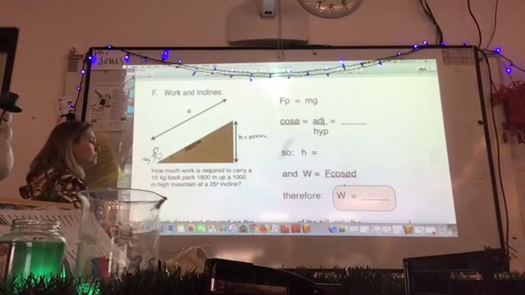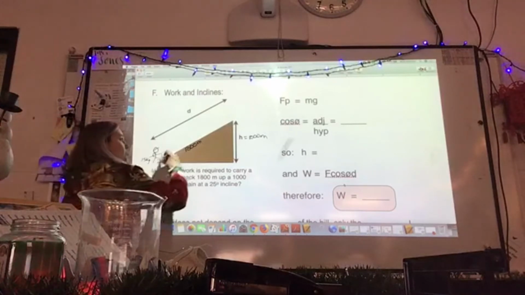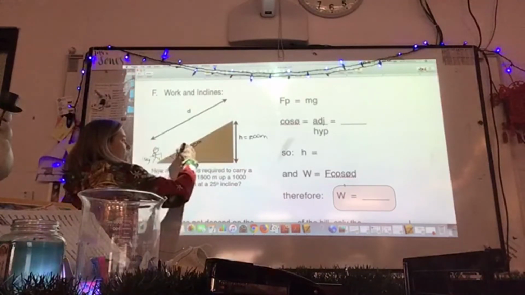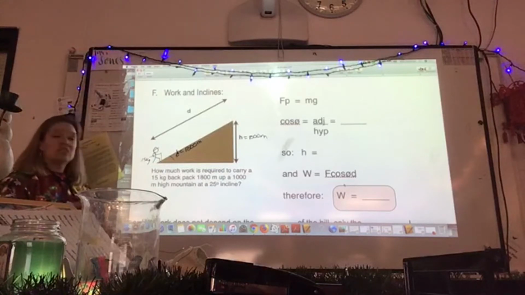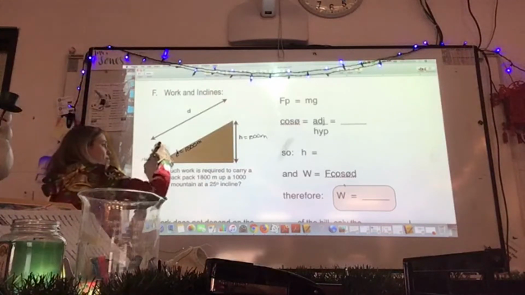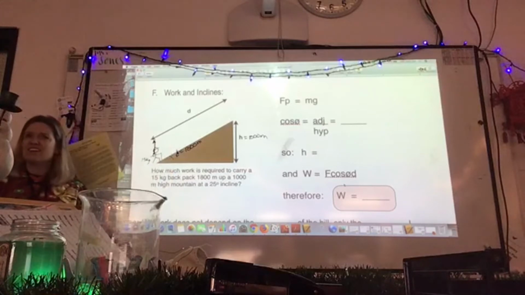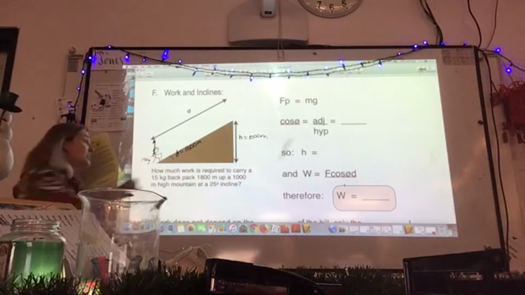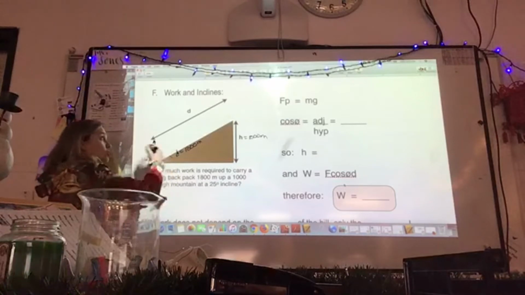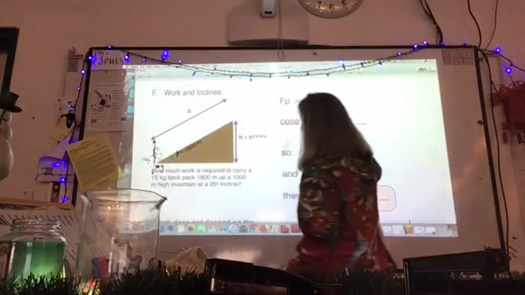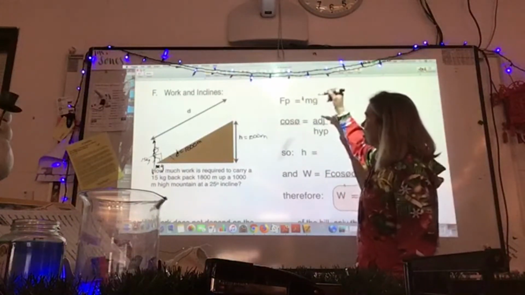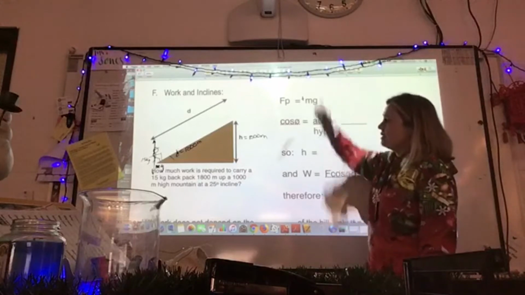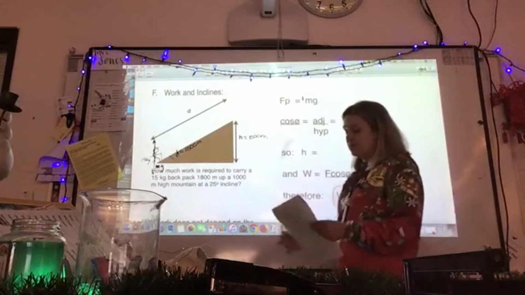We know this would be our D, in a sense. But is your force that way? If you're holding up a backpack, his force is which way? Gravity says I'm holding this down, so the person has to apply a force upward, equal to the weight of the pack, to get it up the hill.